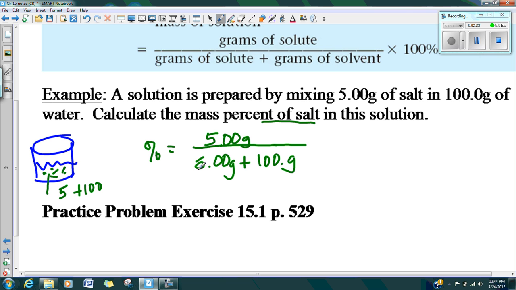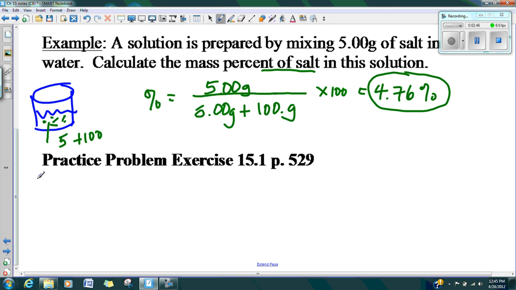Add those together, and that is what I have started with in making my solution, times 100. And if I do my magical calculator math, I get 4.76% is going to be my solution. So obviously if I had 100%, I wouldn't have a solution. I'd have all of it as salt, but 4.76% is fairly salty.